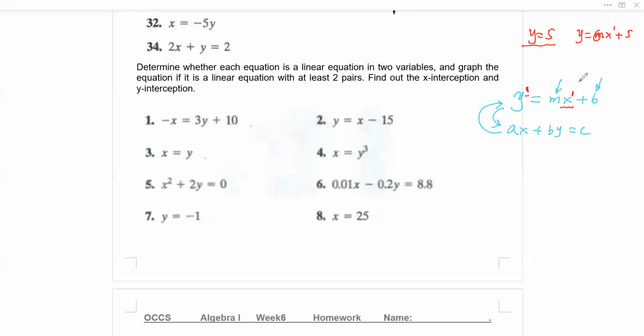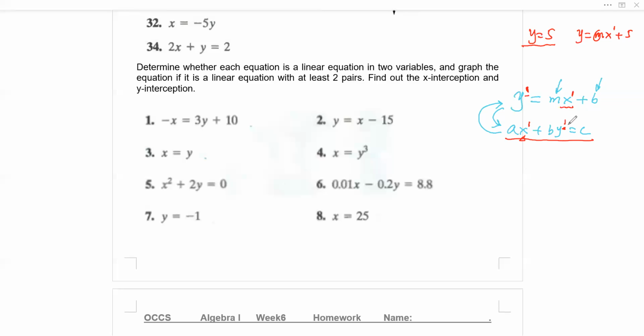They don't go to decimal numbers, and they don't go to negative numbers. They are always positive 1. If they are decimals, or bigger than 1, or different than 1, they are not a linear line anymore. Same in these expressions: the power of x here is 1, and the power of y here is 1 as well.